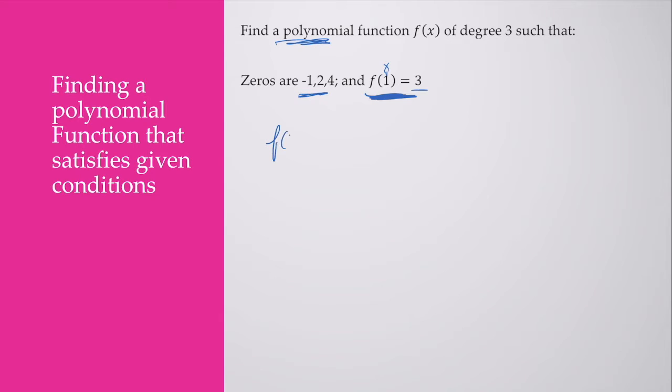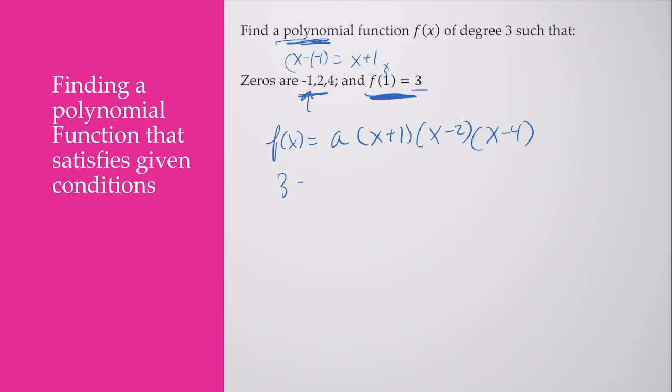So I'm going to take f of x is some constant a times x plus 1, remember we changed the sign because it's all x minus k, times x minus 2 and x minus 4. So I know that when x is 1, f of x is 3.